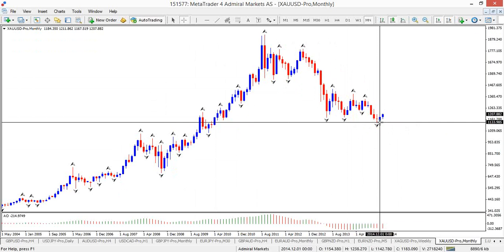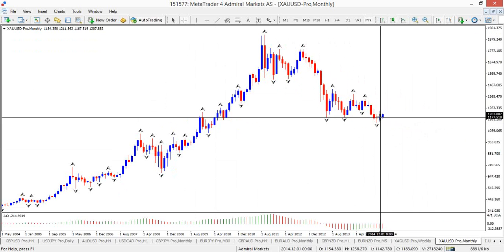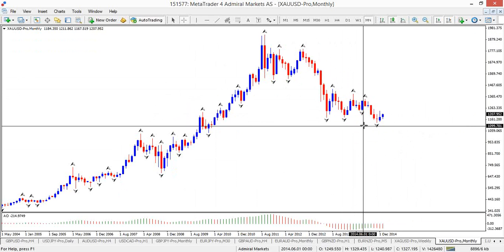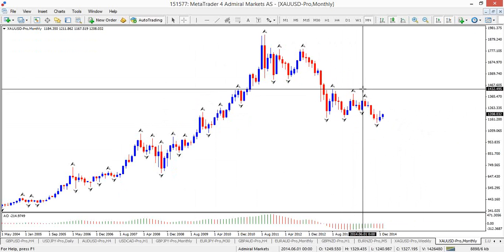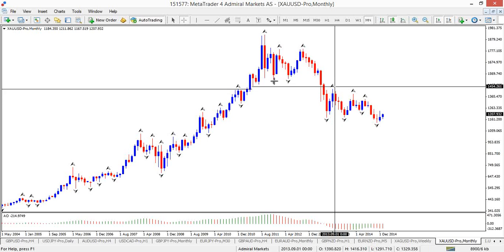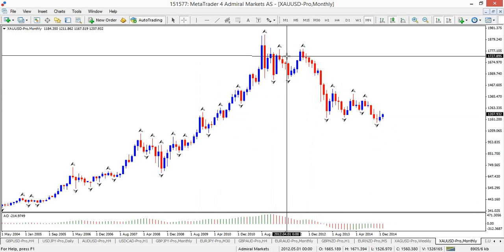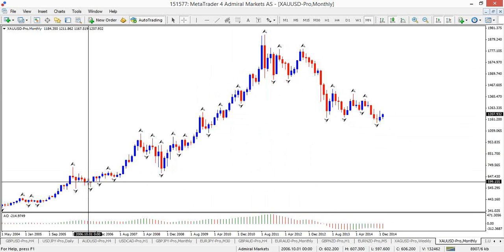The close, 1183. So it's a $20 candle, which is compared to the high and the low, a $300 candle. So first of all, $300 I think is a relatively small candle, especially compared to last year.